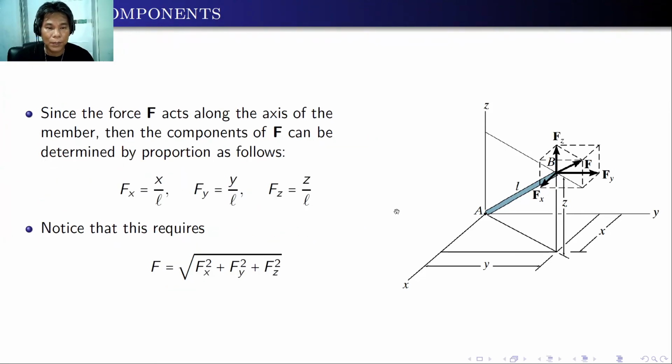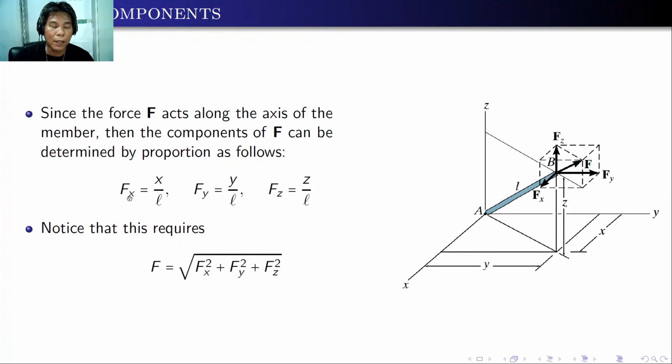So the force F, which acts along the axis of the member, can have components determined by proportion as follows. The component along the x-axis, Fx, is equal to F times x over L. For Fy we have F times y over L, and Fz is F times z over L. Notice that this requires the resultant force F to be equal to the square root of Fx squared plus Fy squared plus Fz squared.